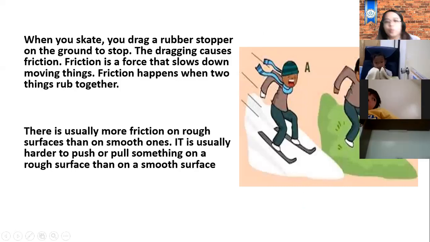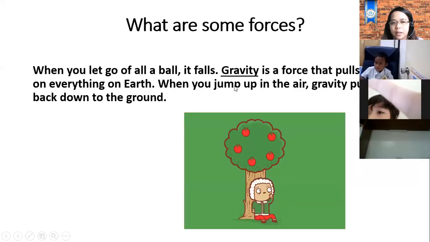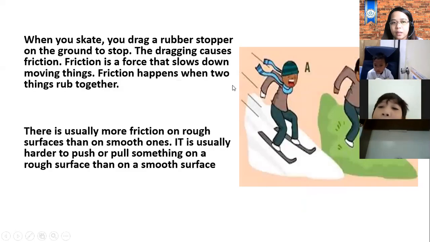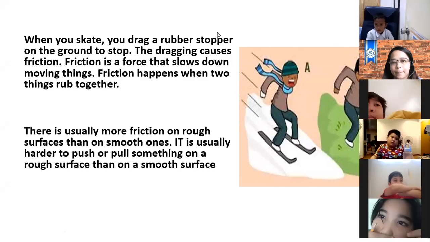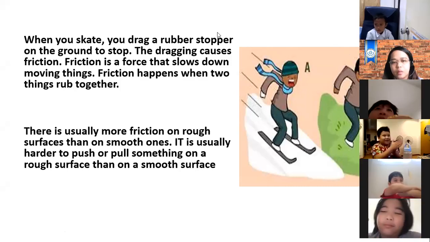Okay, so another one. We have discussed gravity and weight, and this time we're going to discuss friction. So how do you create friction? You rub it together, like my hand. Exactly.